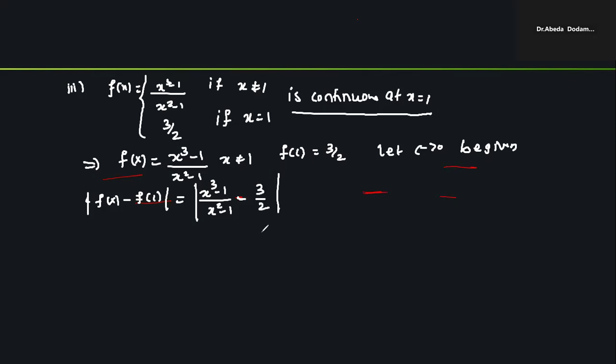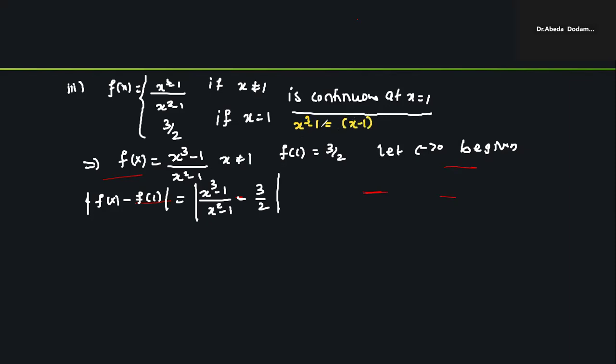Here, if you observe, this is in the form of a cube minus b cube. I'm trying to write this x cube minus 1 in terms of the a cube minus b cube form, which is equal to (a minus b) into (a square plus ab plus b square).